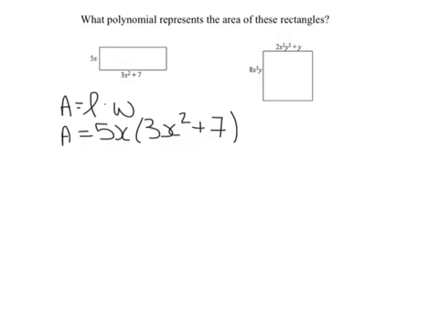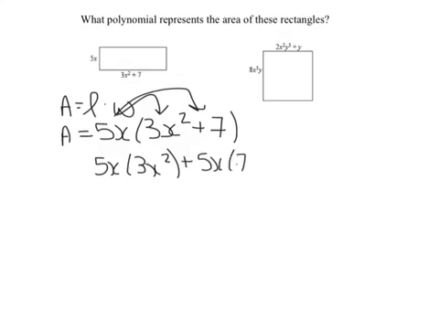The 5x needs to be multiplied by the 3x squared, and it needs to be multiplied by the plus 7. So the simplified version is going to be 15x cubed plus 35x. Go ahead and try the next one on your own.